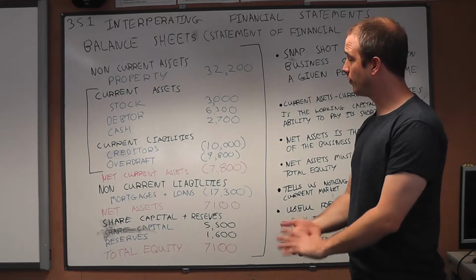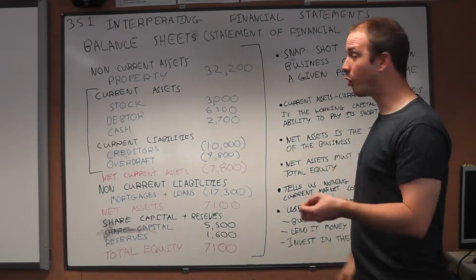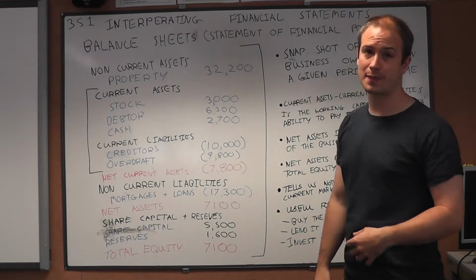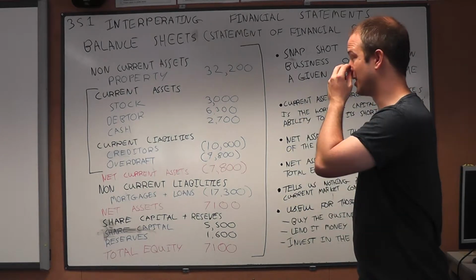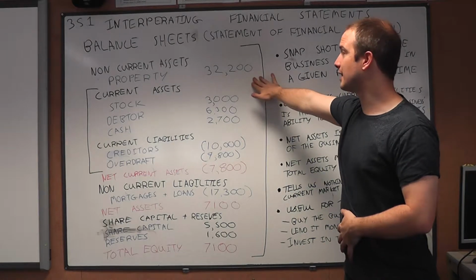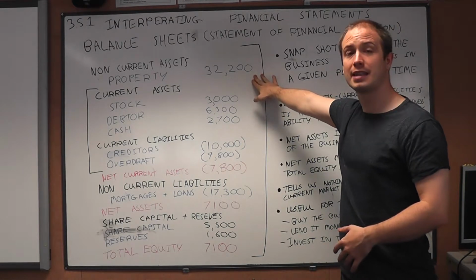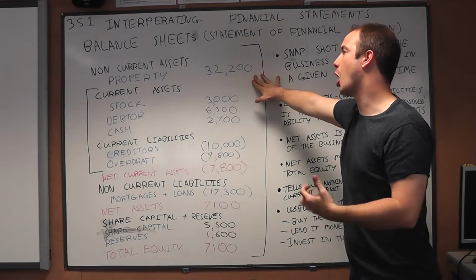So to start off, we always have the non-current assets. So these are the long-term assets of the business. An asset is something positive that a business has, something that it can turn into wealth should it need to. The non-current assets are anything that the business will not turn into cash in the next year. It's something that it owns.